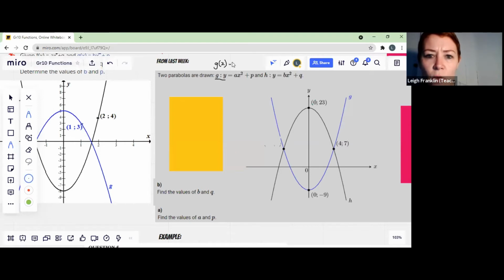Okay, so it equals ax squared plus p. And what they want us to do is work out the value of a and the value of p. In order to be able to solve the equation, we have to work out what the values of a and p are.